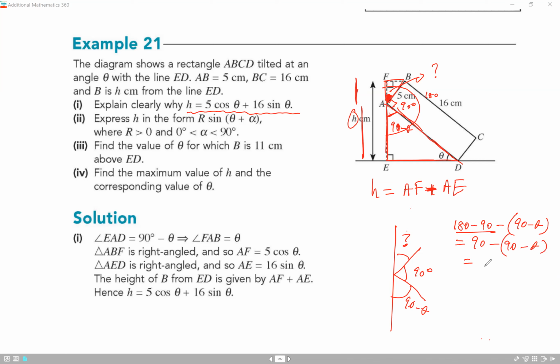So this one will minus off, this one will be theta. So it's equal to theta. Understand? So this is one of the most important concepts. So that's how they get the theta over here. Do you understand now?